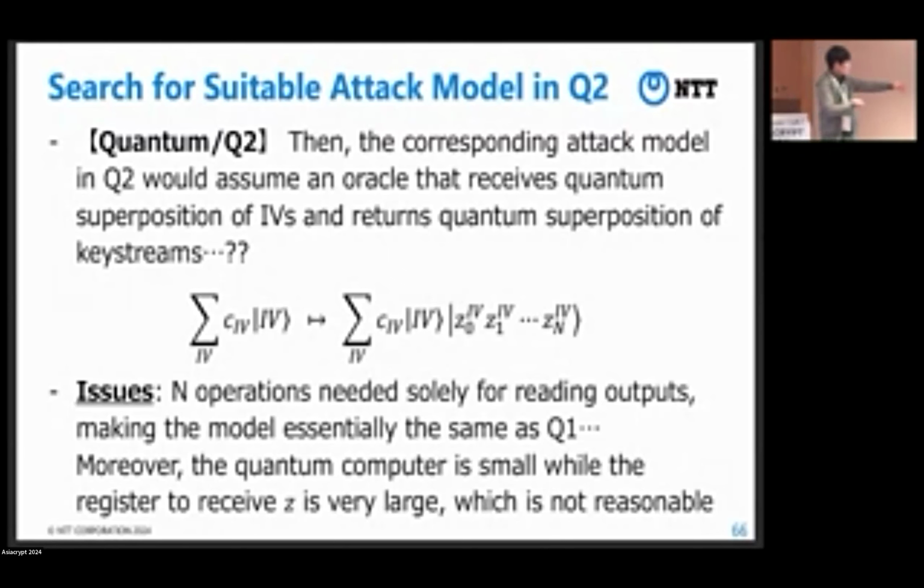But here, the T stream can be as long as 2 to the power 50 or 2 to the power 60. This is very unbalanced, because the computer is small, but the register to read the output of the oracle is very large. This is unbalanced and not reasonable.